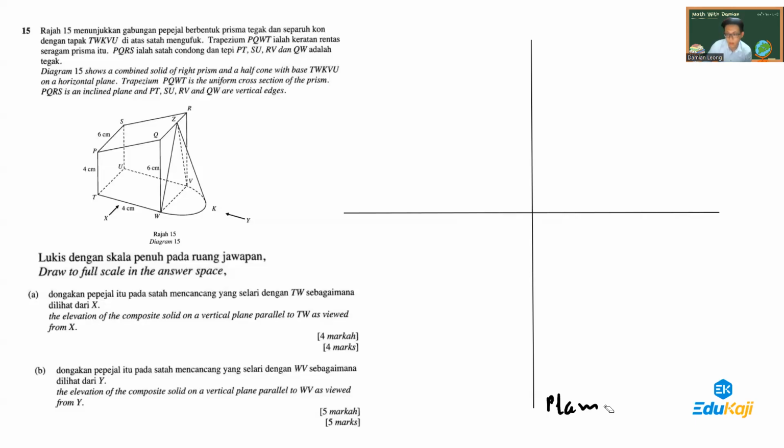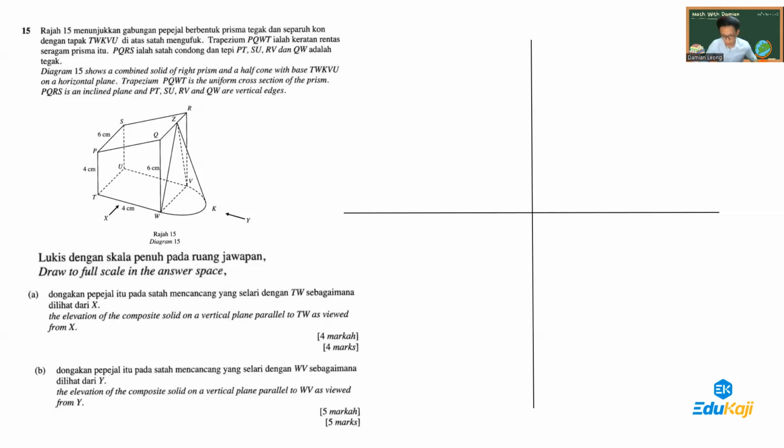Plan here. Then here is elevation from Y, elevation from X. So make sure, again, all your measurements must be exactly what is shown here. Use your ruler properly to draw.